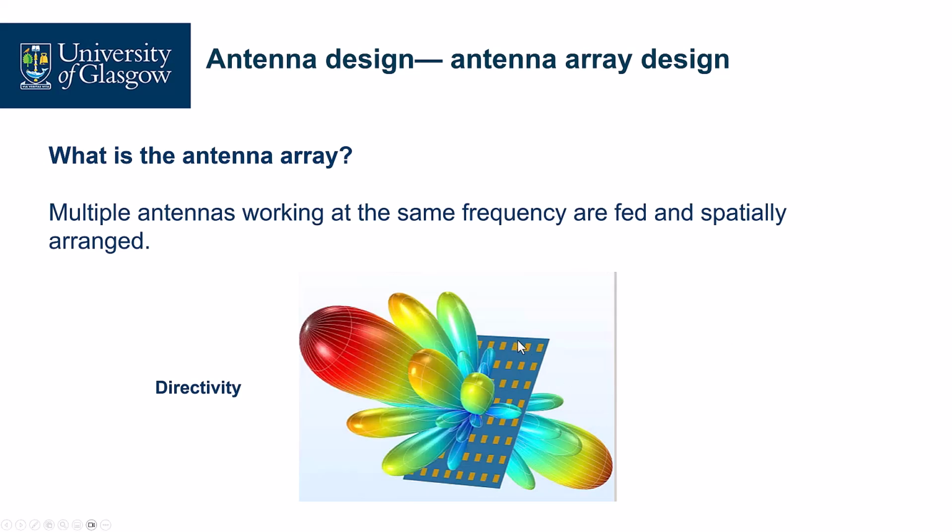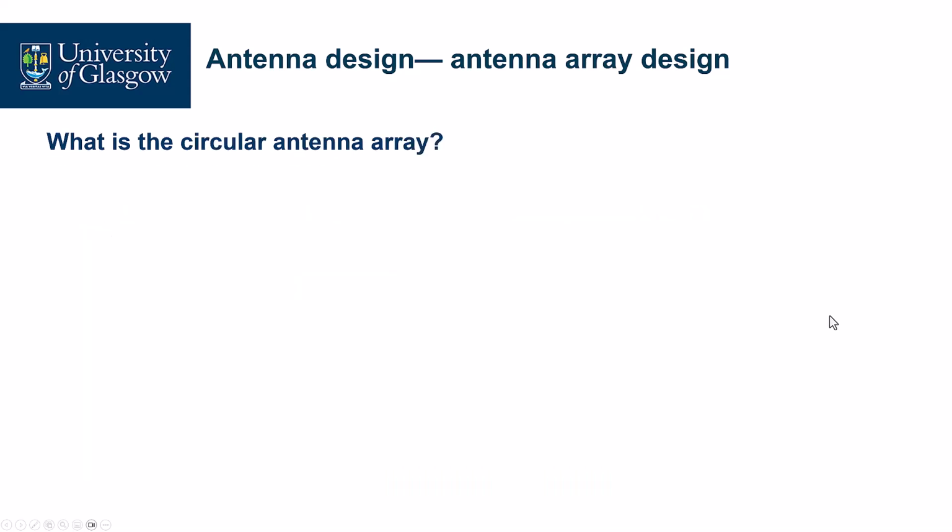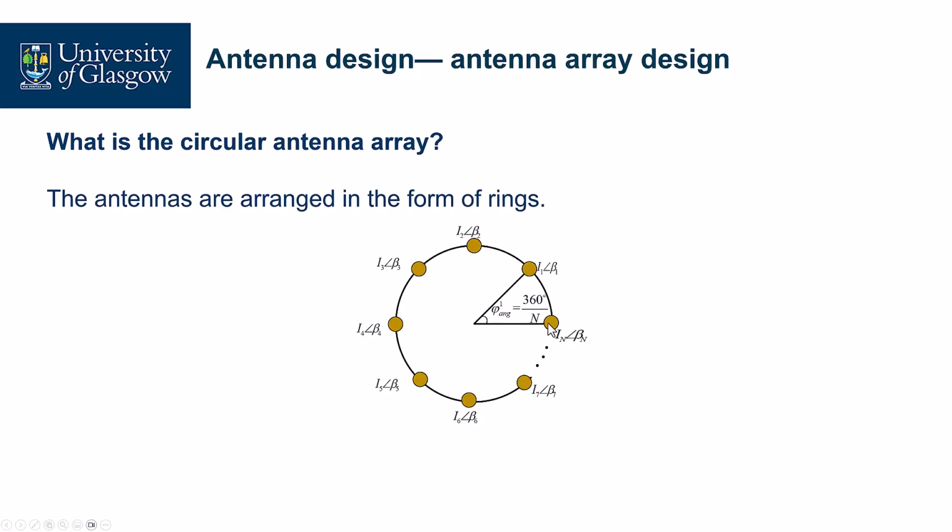As you can see on the blue board, each yellow one is an antenna, and they work together as an array, right? What we will see in this case study is a circular antenna array. Circular antenna array means the antennas are arranged in the form of rings. As you can see in this figure, they are placed in rings.